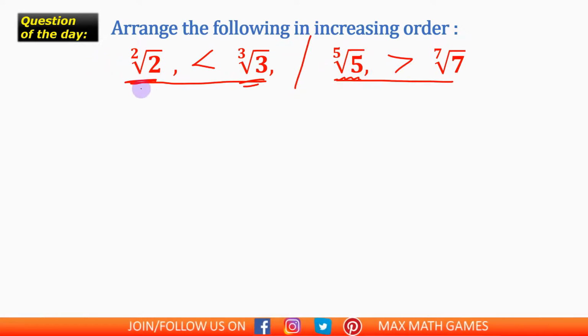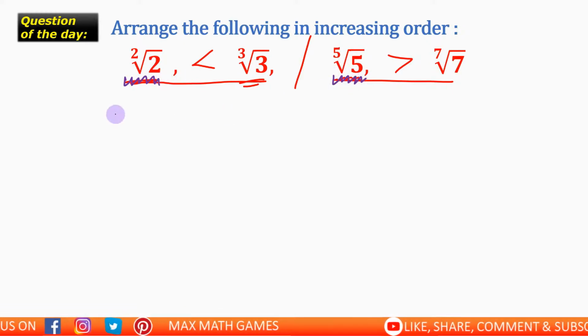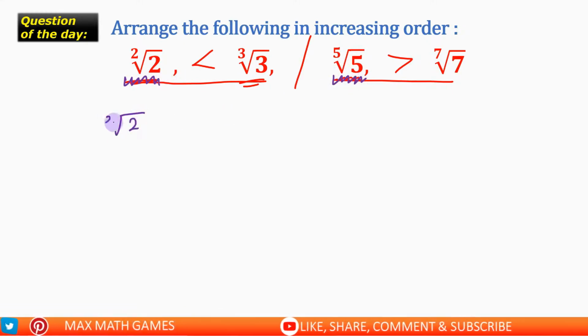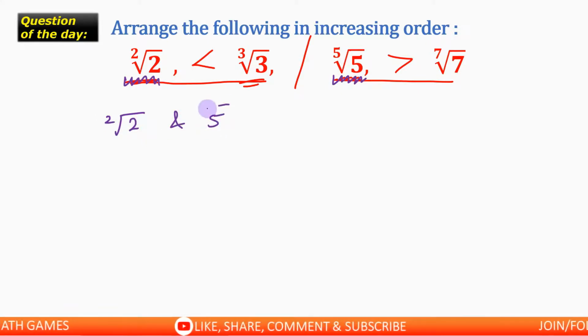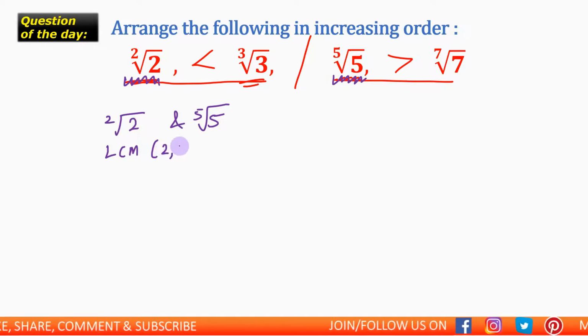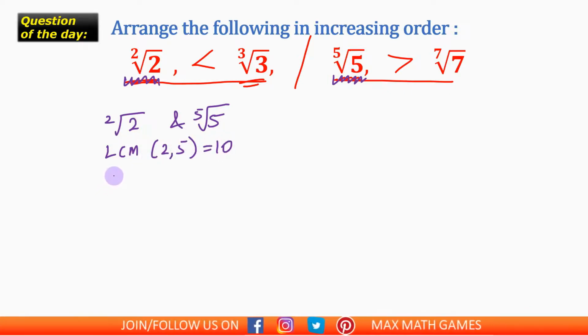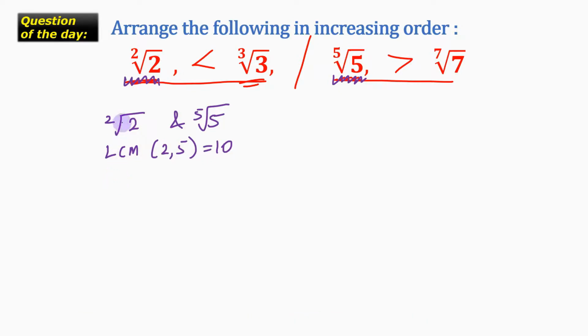Now let us compare square root of 2 and fifth root of 5. The LCM of 2 and 5 is 10, so we raise the powers by 10 units. Square root of 2 becomes 2 to the power 5, and fifth root of 5 becomes 5 square.